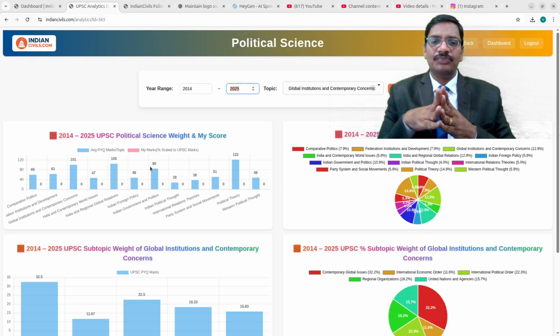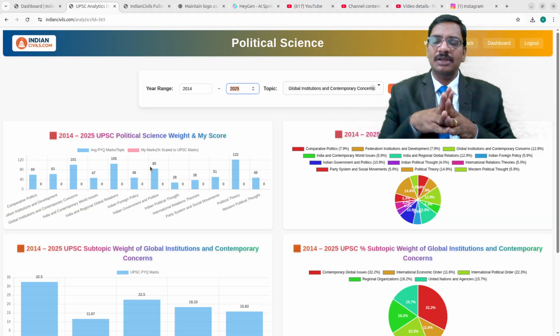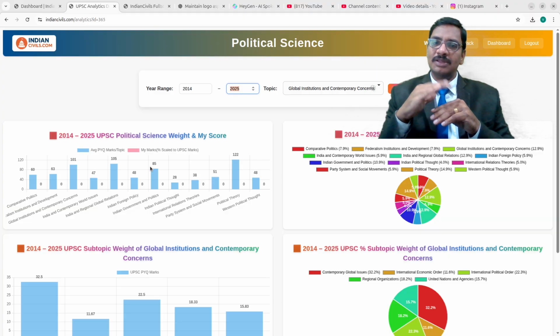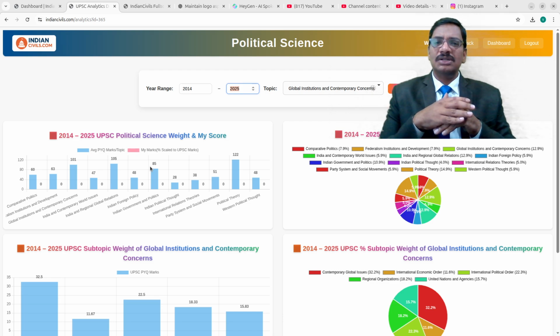Paper 1 and paper 2 topics together I have plotted here with the weightage of marks for the past 12 years. This is the average data I show here. It shows that certain topics get very high weightage, and certain topics get very low importance.